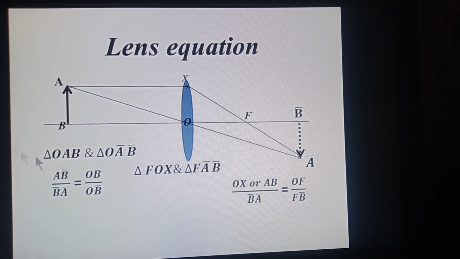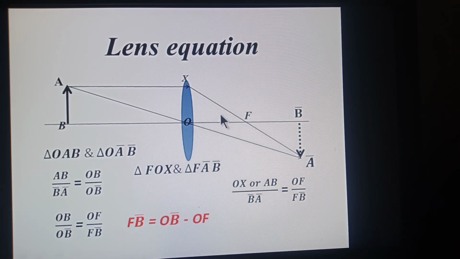Now comparing these two equations, since their left hand sides are same, therefore their right hand side should also be equal. Right hand side of this equation is equal to right hand side of this equation. Now students, FB prime has no specific name in the diagram. So we replace it. FB prime equals OB prime minus OF.